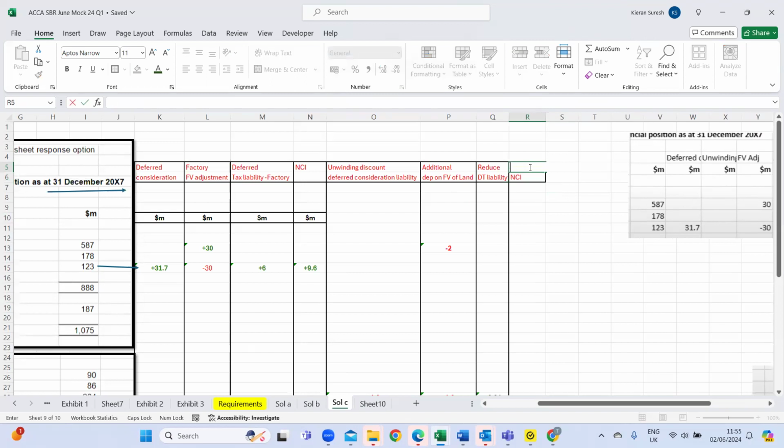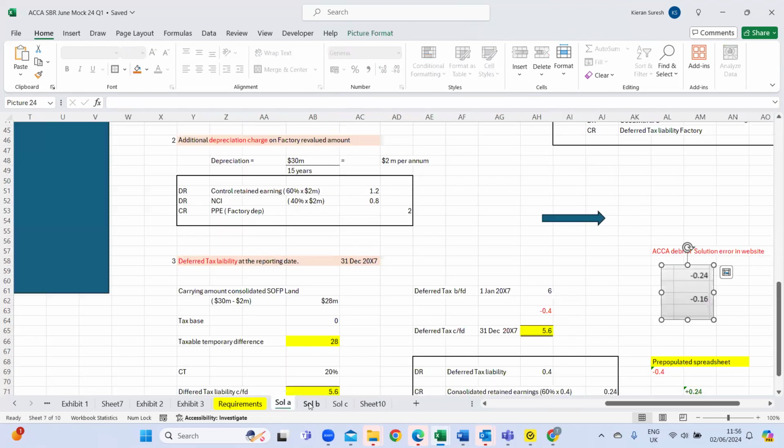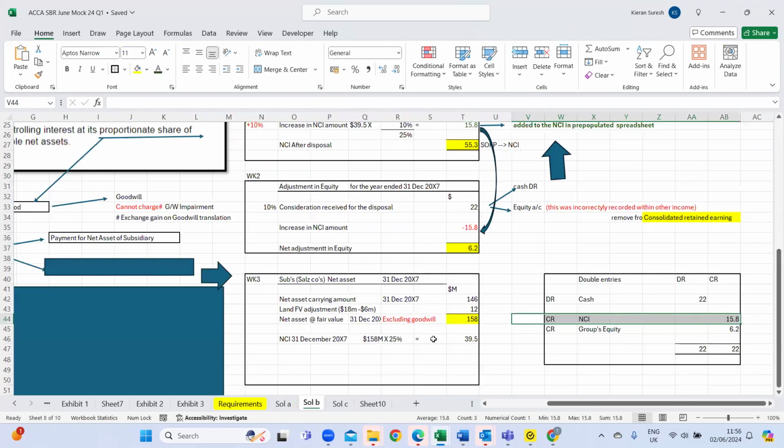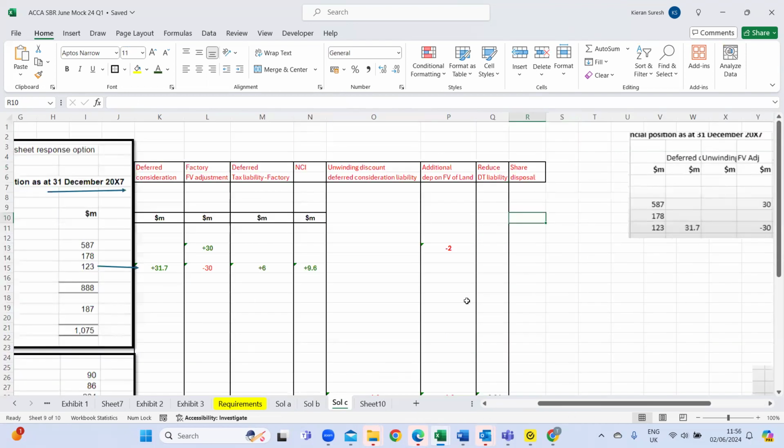This is the share disposal, the main transaction. So during the share disposal, we know NCI increased by 15.8, so I can increase the NCI by 15.8.